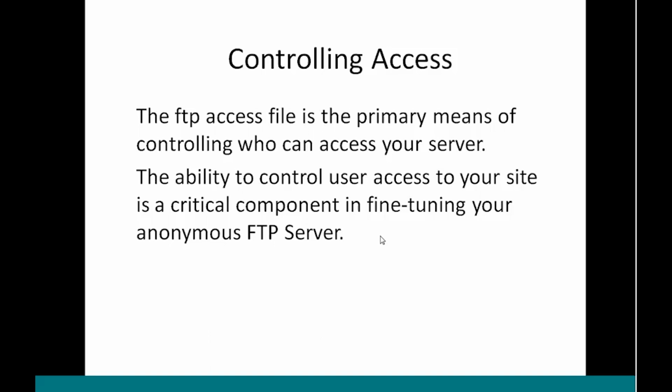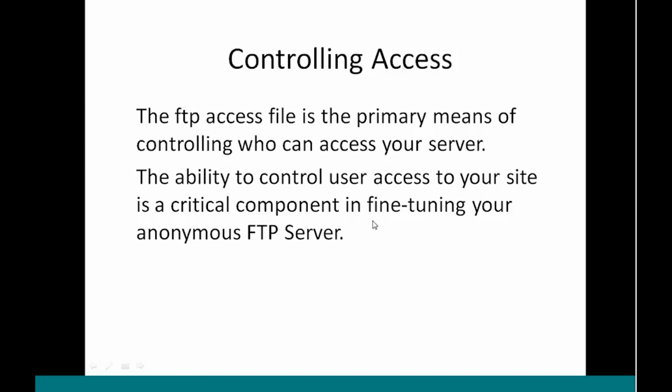The FTP access file is the primary means of controlling who can access the server. This we saw already. The ability to control the user access is a critical component in fine tuning the anonymous FTP server.